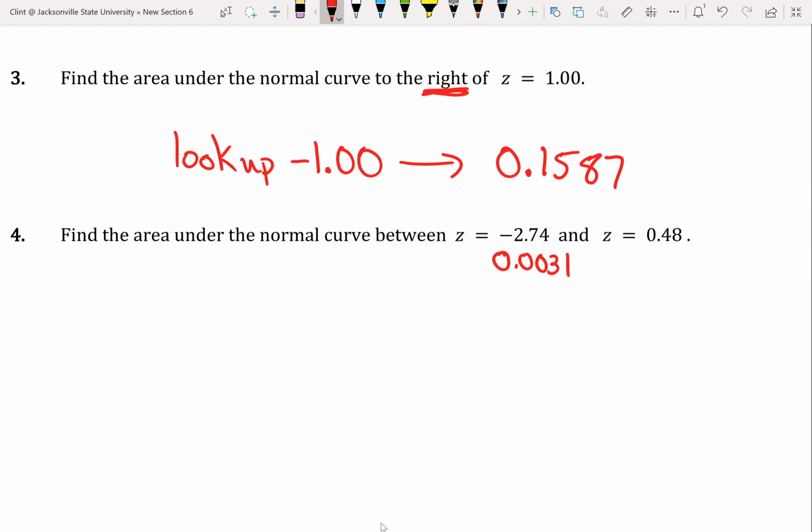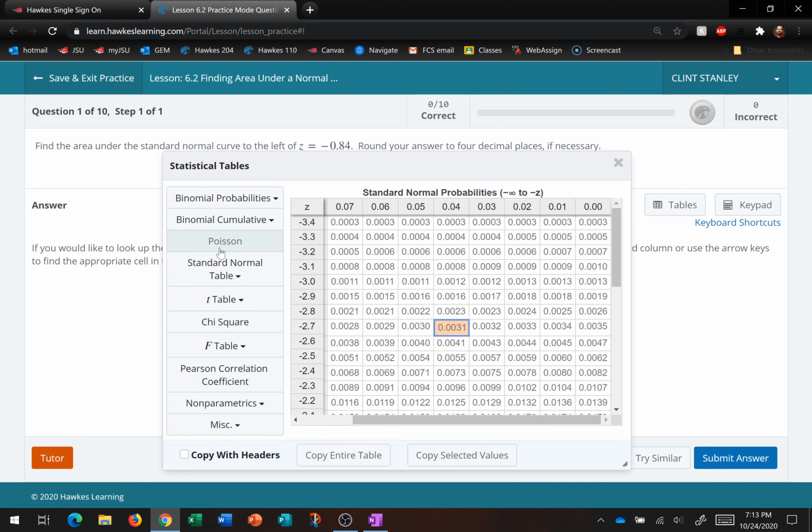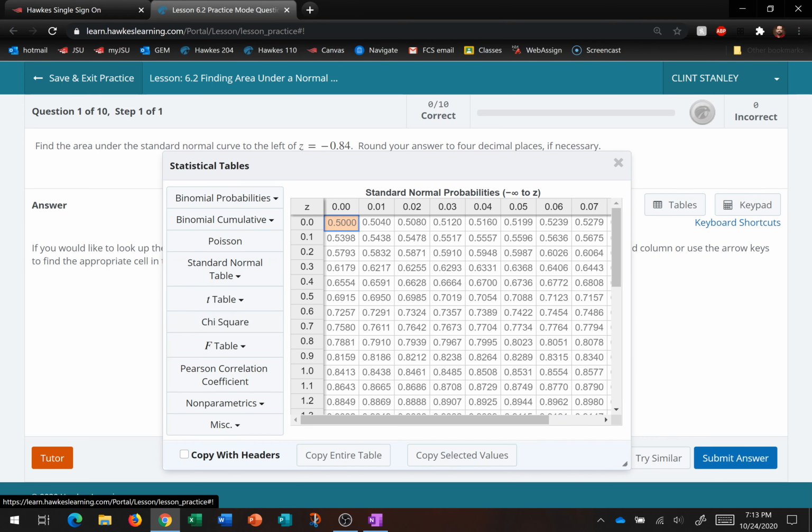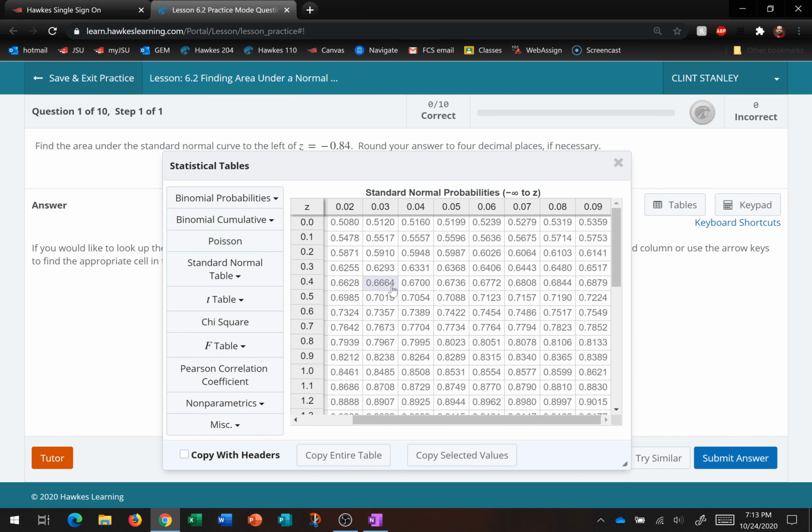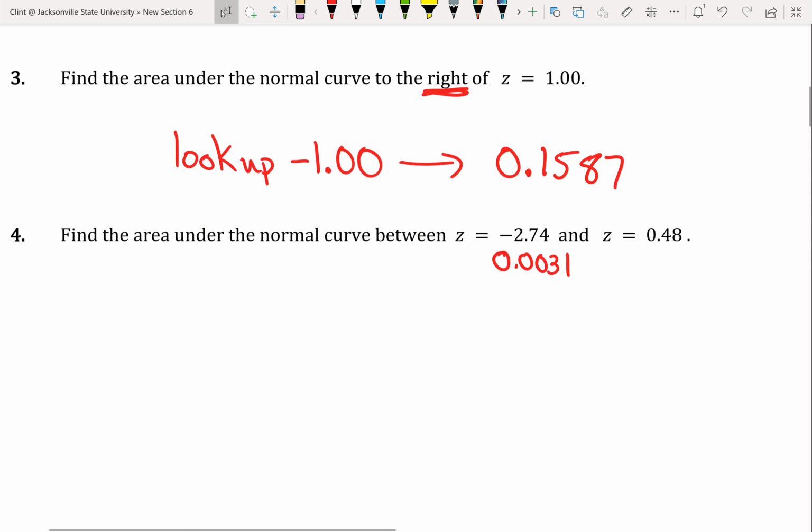And then I want positive 0.48. So I've got to go over to the positive side. Positive 0.4. Then I'm going to scroll over a little bit. 0.48 gives 0.6844. Since I want the area between, I want to subtract.